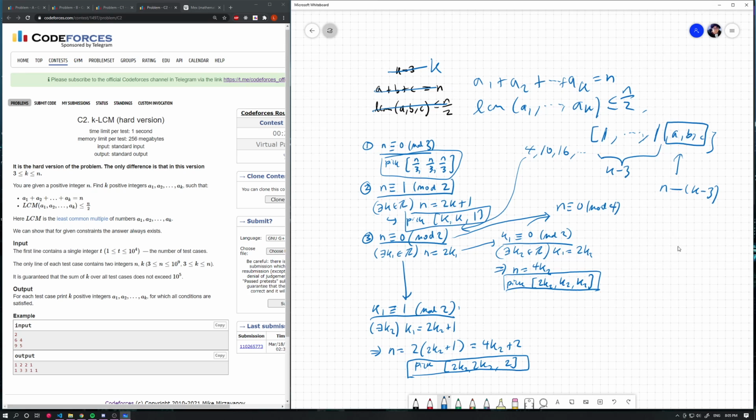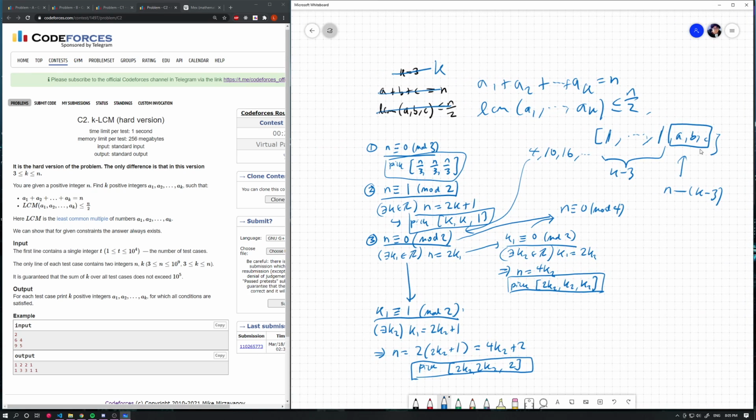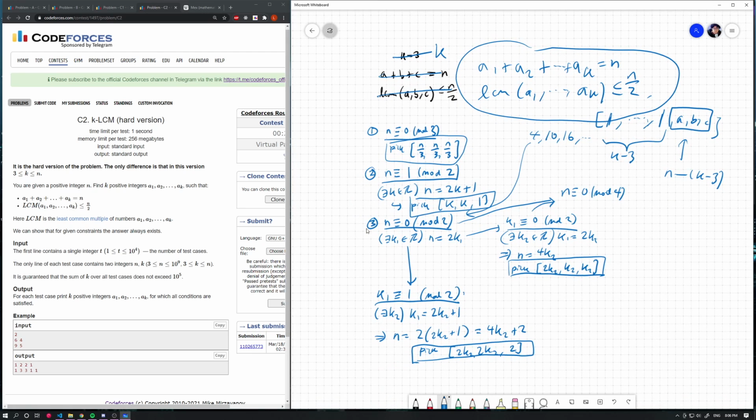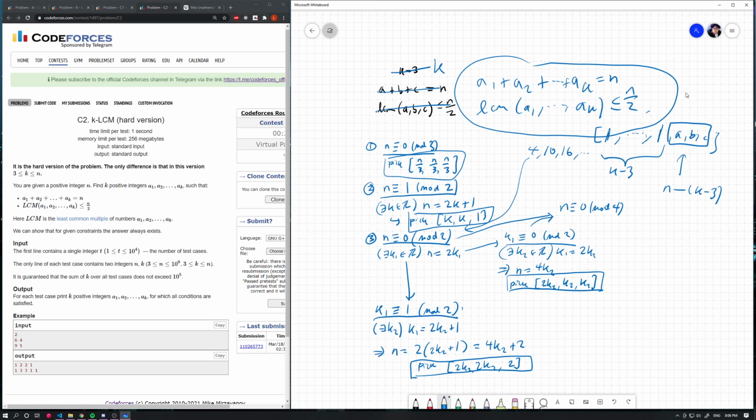And then you get a bunch of numbers which satisfy these two constraints. Initially when I saw this, I was trying to generalize some of the math that I was doing before, but it really was a lot easier than this. You basically use the first part while fixing the first k minus 3 numbers to be ones.